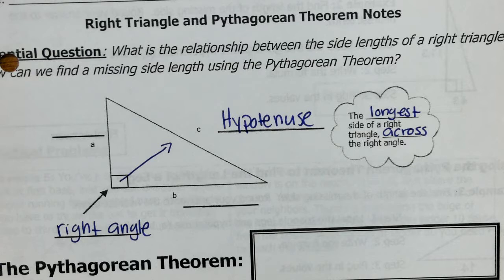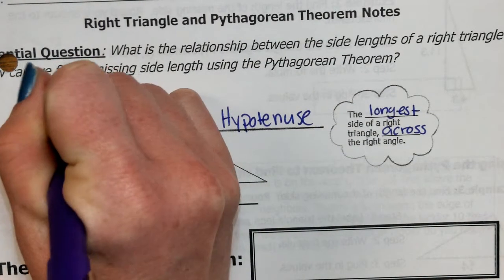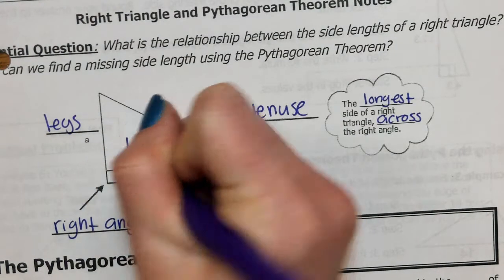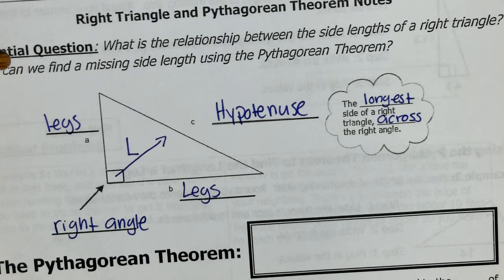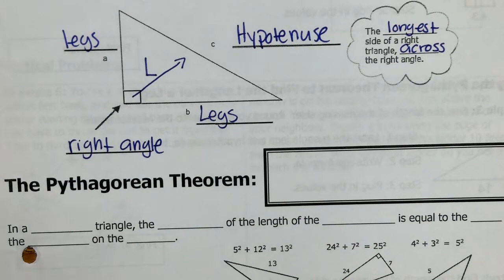Legs. So A and B are called legs. You can remember that because they make up an L on a right triangle. L for leg. And there's my two legs, and the right angle.